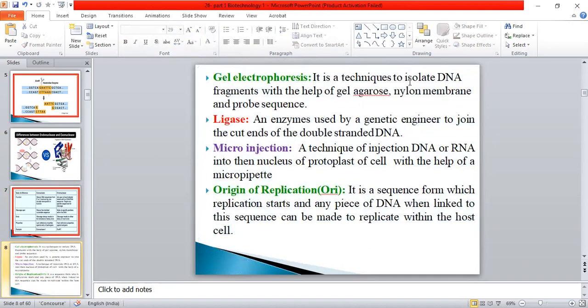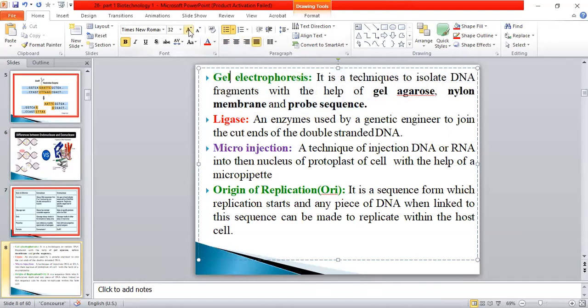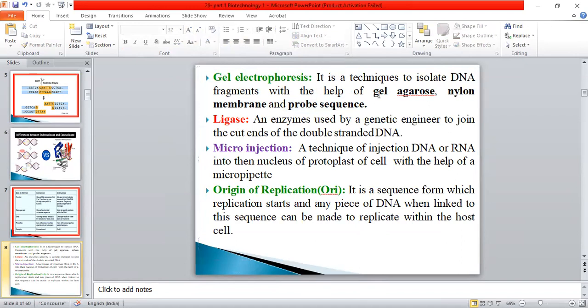It is a technique to isolate DNA fragments with the help of agarose gel, a nylon membrane, otherwise called nitrocellulose paper, and also a probe. These three are very essential for DNA fingerprinting. Don't forget. So these are the important ones.